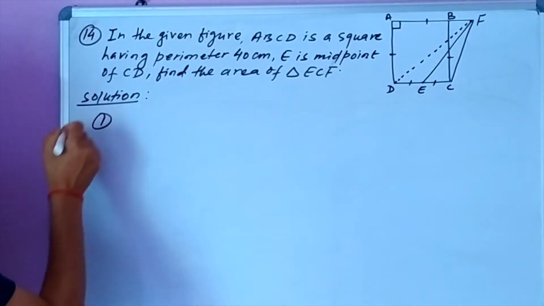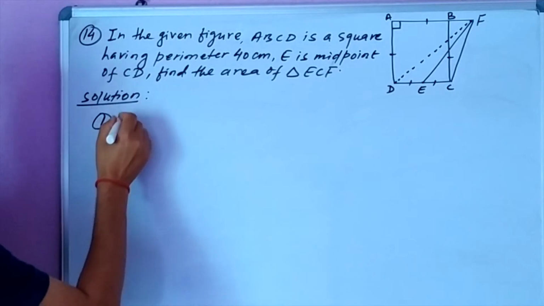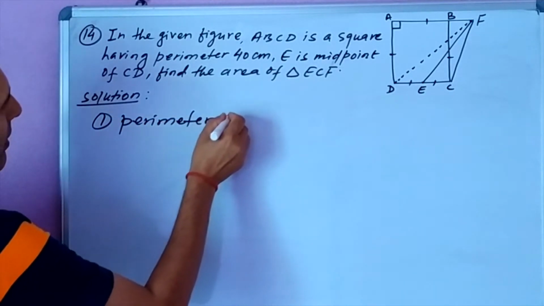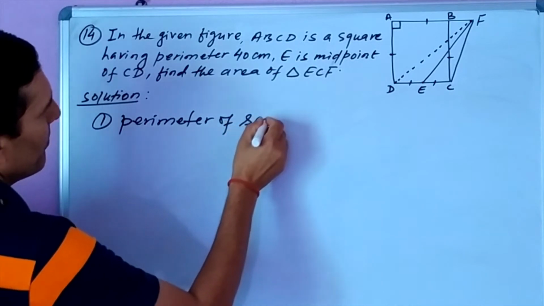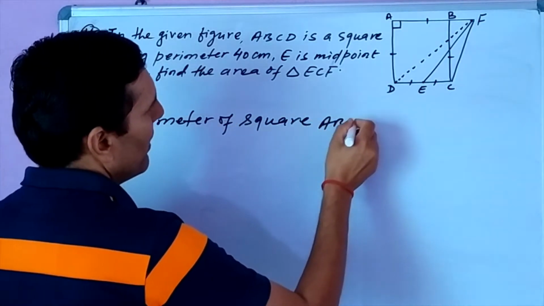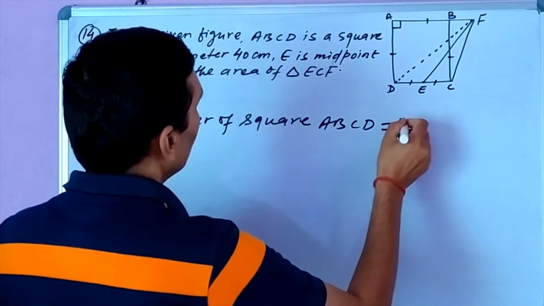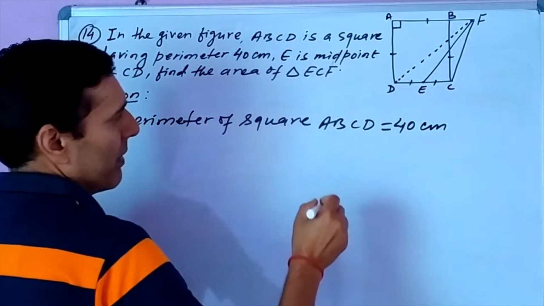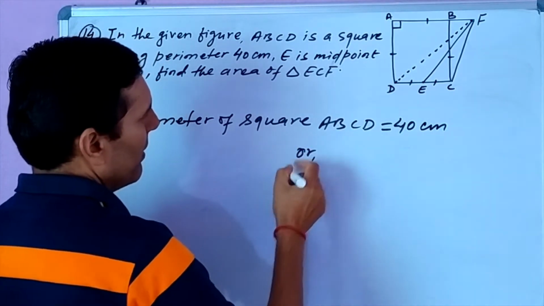So number 1, perimeter of square ABCD, it is given 40 centimeter. It is not necessary to write the reason, it is given.